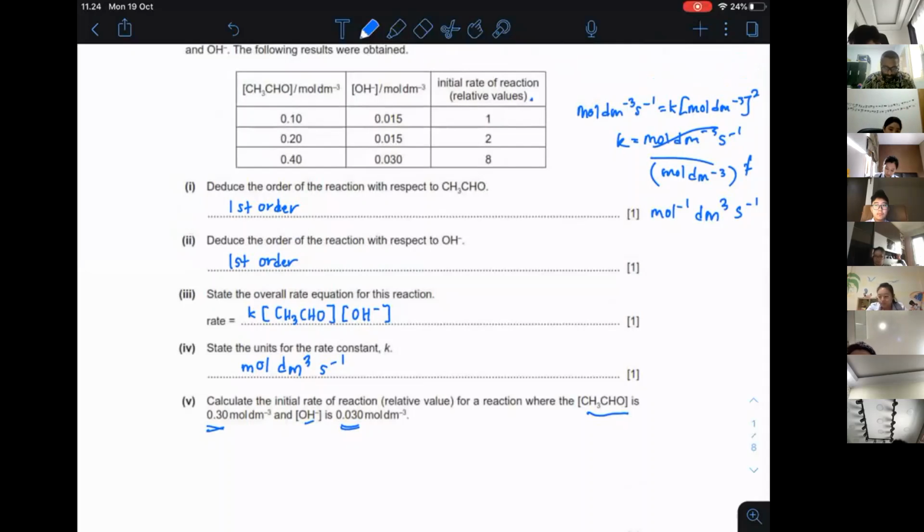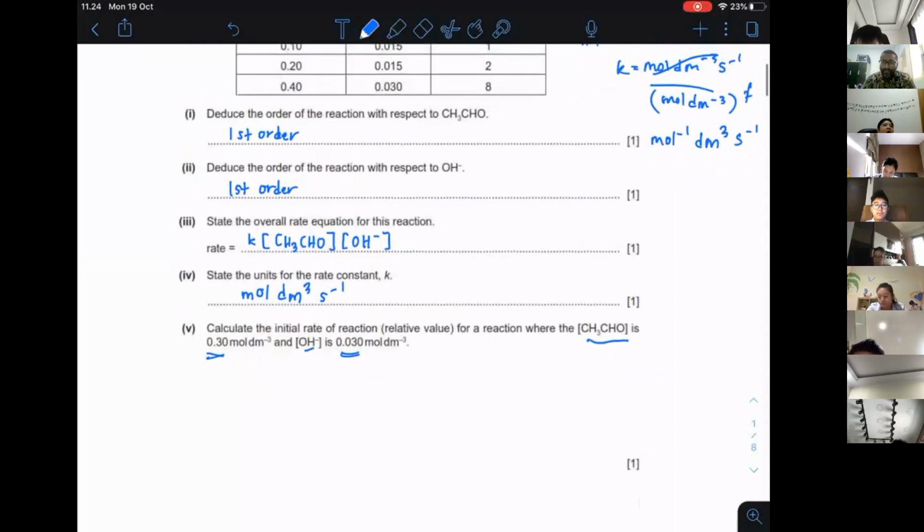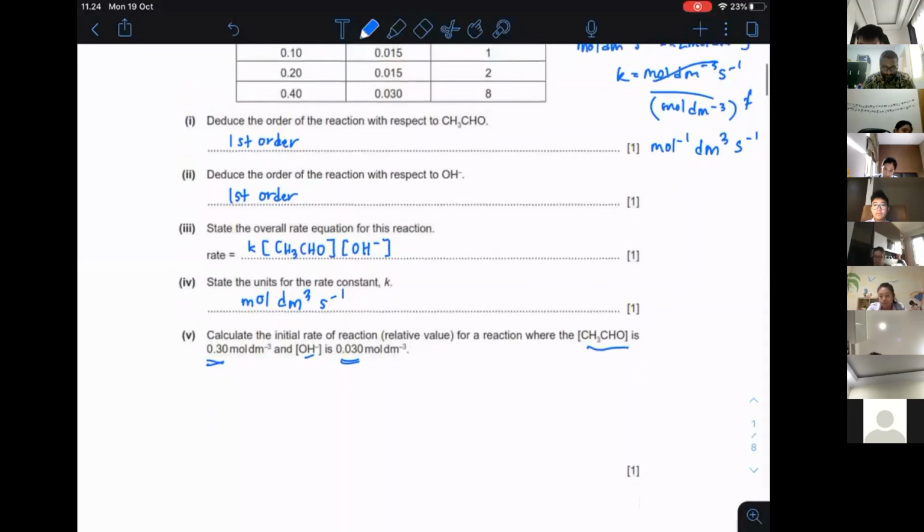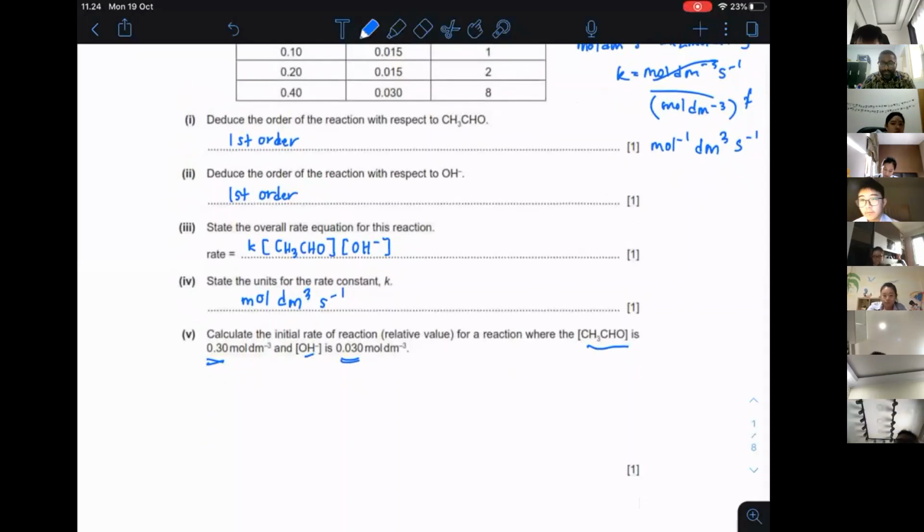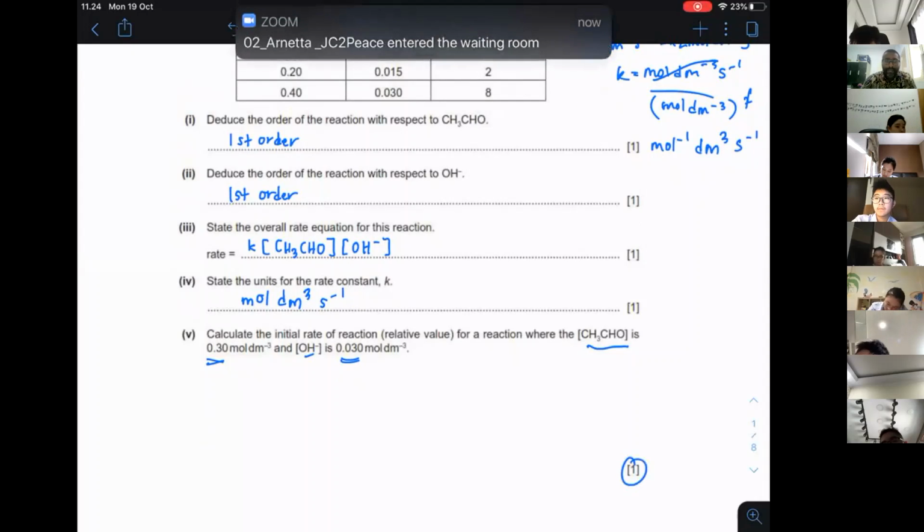Is there a need to find the K, Justin? Do we find the K for this? It's only 1 mark. No need. No need to find the value of K.